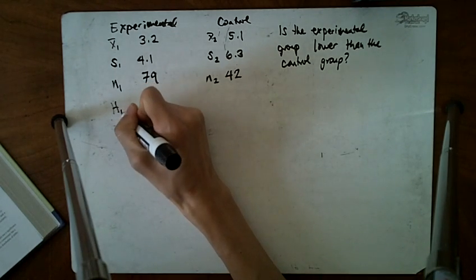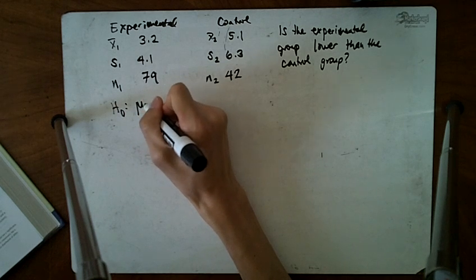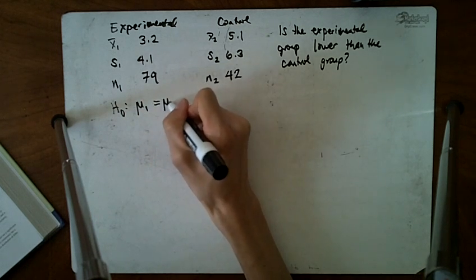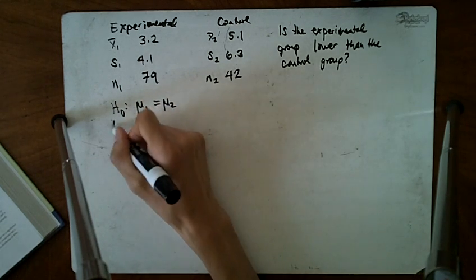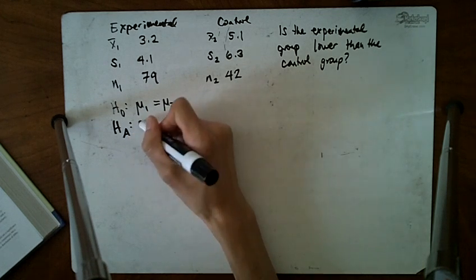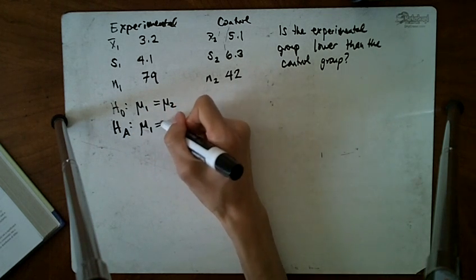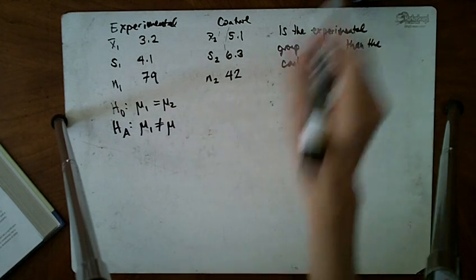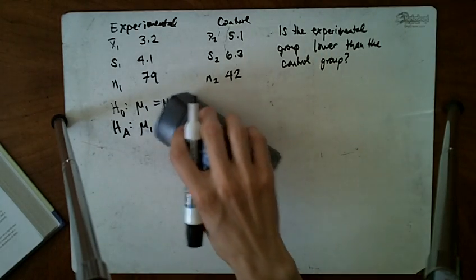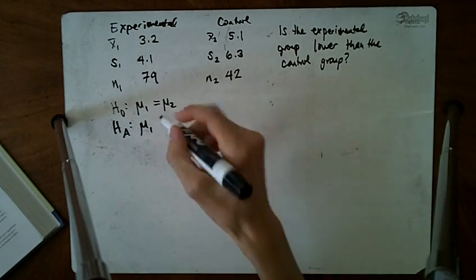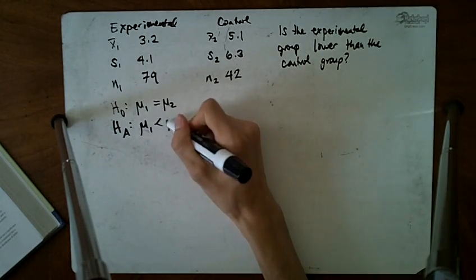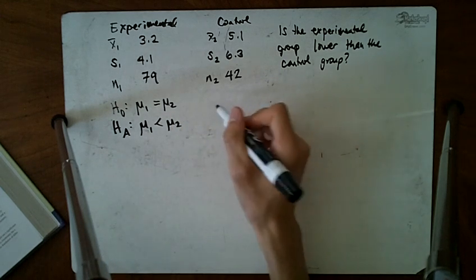So our null hypothesis is that the means of the two groups, mu 1 and mu 2, are the same, and the alternative is that the groups are not equal. I'm sorry, we want to know if the experimental group is lower. So mu 1 is less than mu 2, okay?